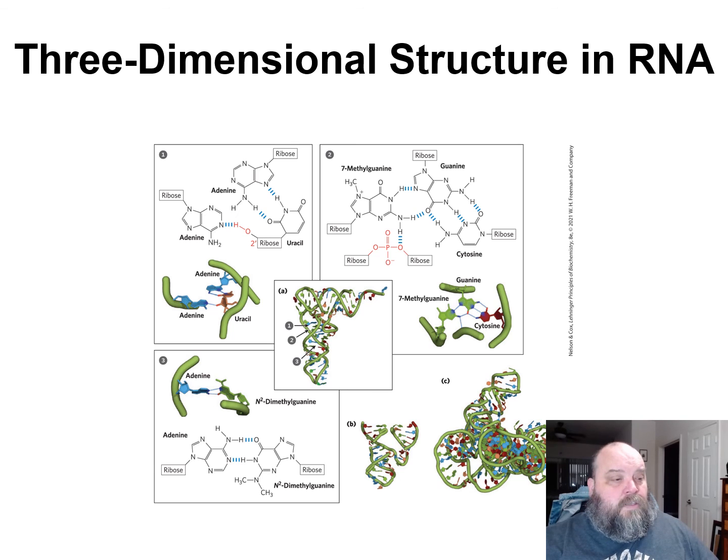So you can get these highly complex structures based on the fact that this is one long strand, and on this one long strand you're going to see one of those little triplets forming. It's not another strand inserting in.